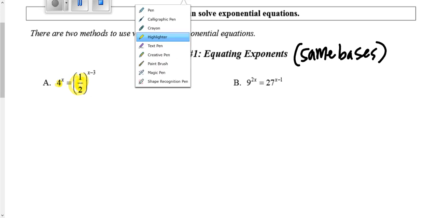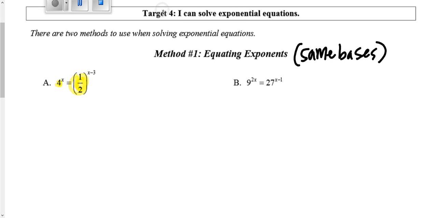This takes a little bit of practice, kind of like when we were doing factoring. It just takes some time to get used to the number sense of it. Starting off with 4, 4 can be written as 2 squared. 1/2 can be written as 2 to the negative first.